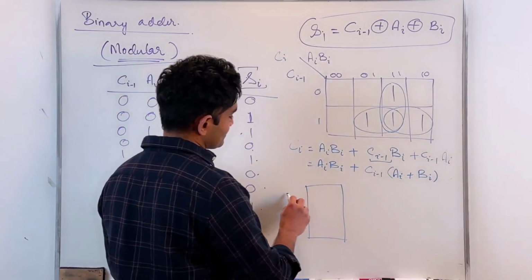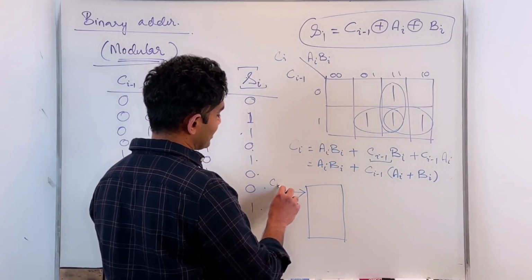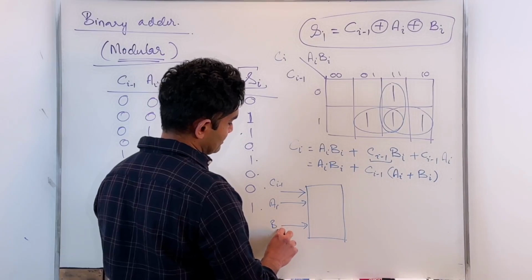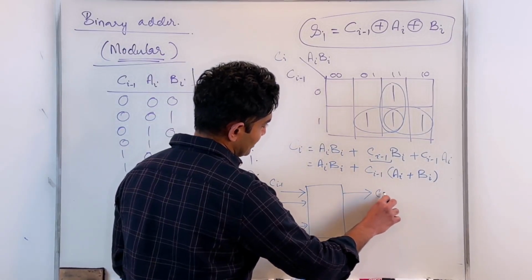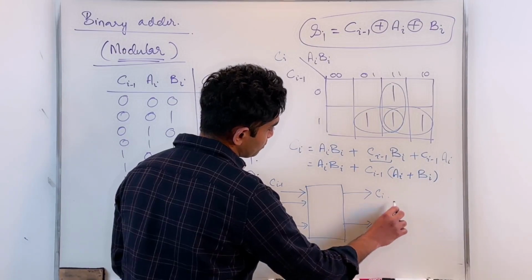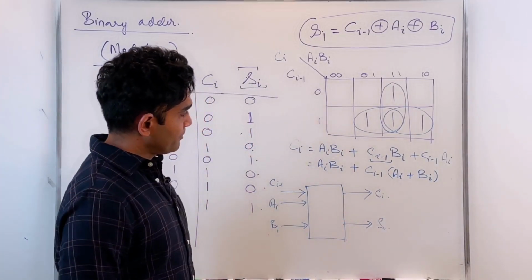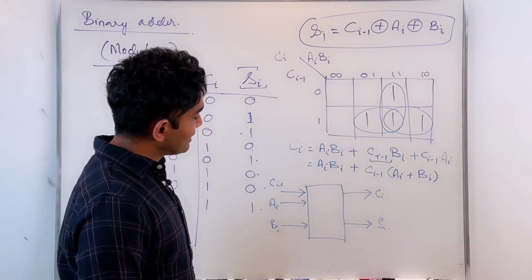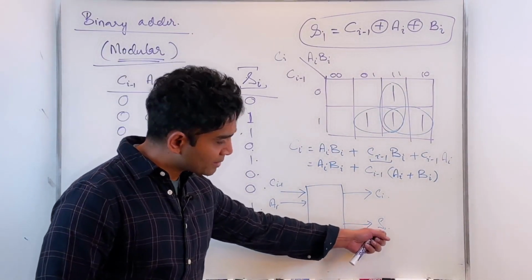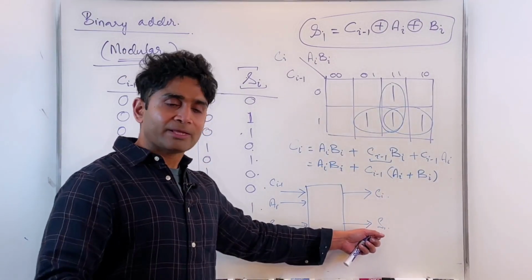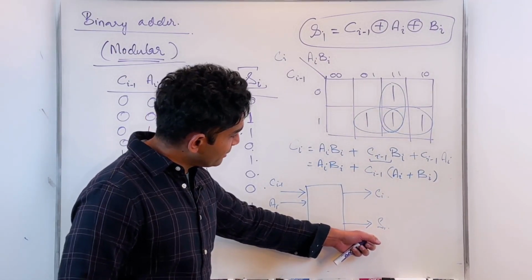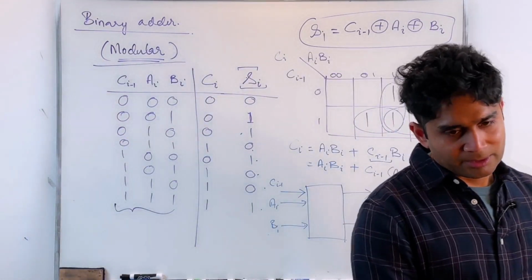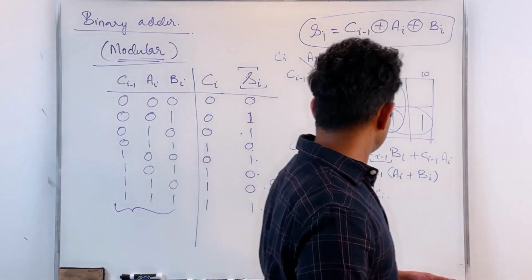What I'm trying to say is, here what I have is Ci minus 1, Ai, Bi obtaining Ci and Si. I have two outputs. I can implement them independently, which is fine, which still works. But can I use some of the product terms from Si, because they are being implemented, in implementing Ci? That way, I can reduce the redundancy in my circuit. So that's my idea.